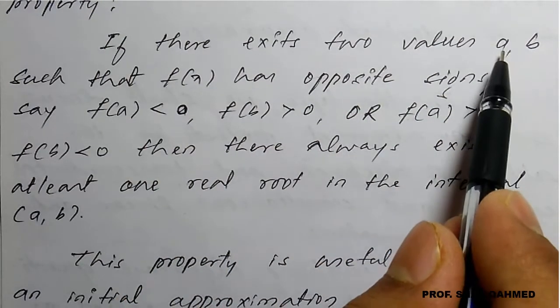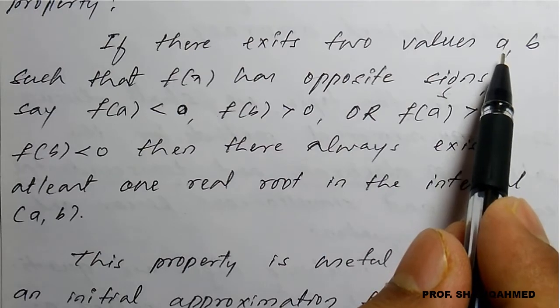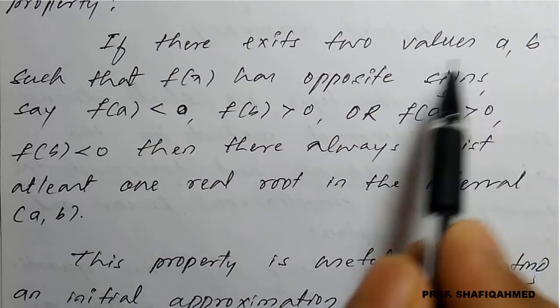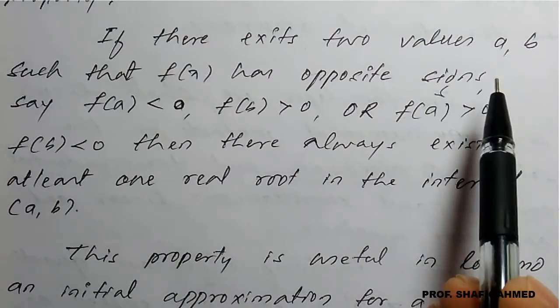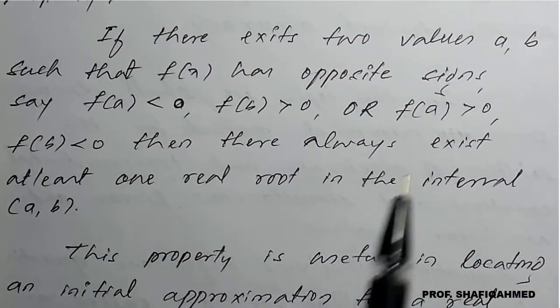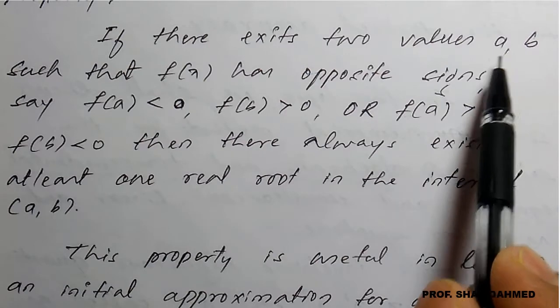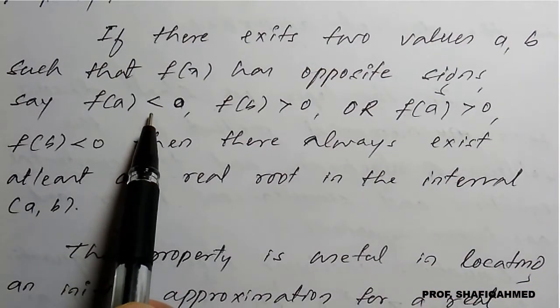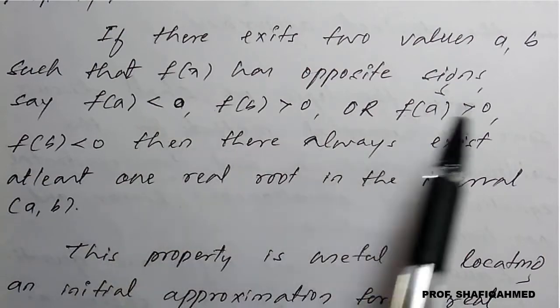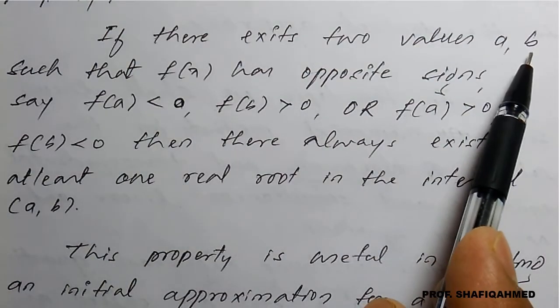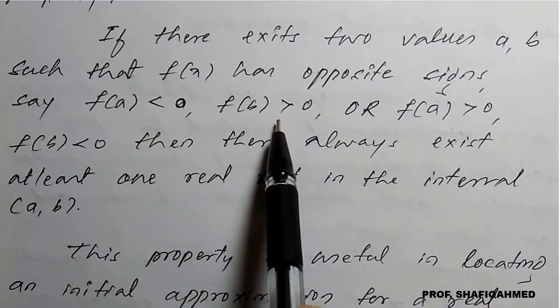meaning if I replace x by a in the equation, I may get an answer less than 0, that is negative, and if I put x as b, I get positive.